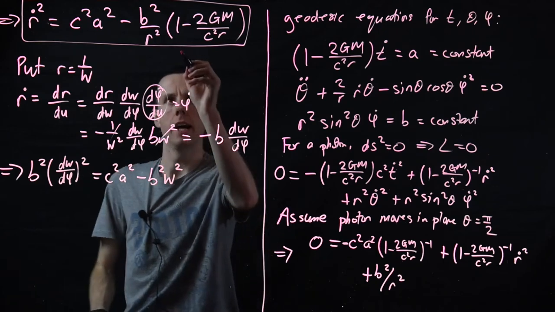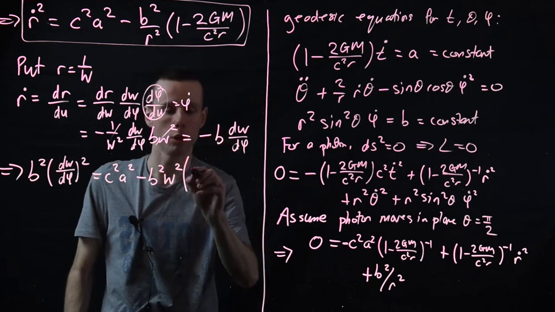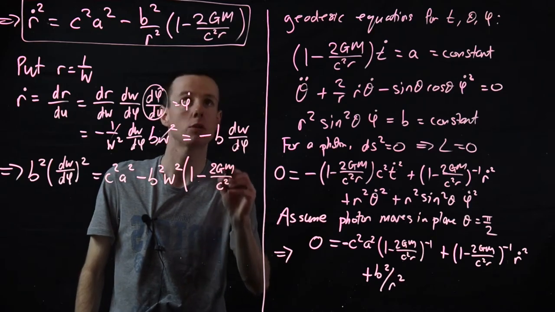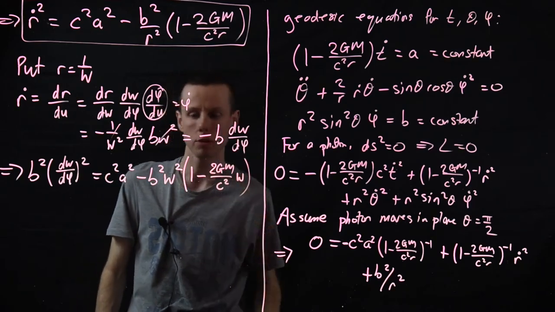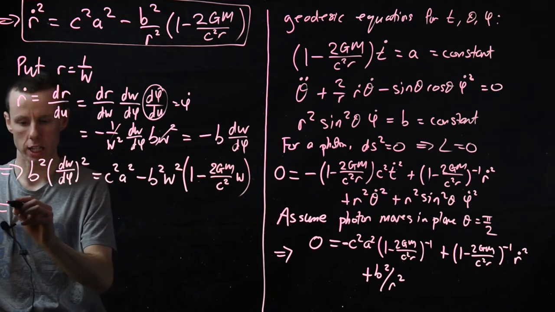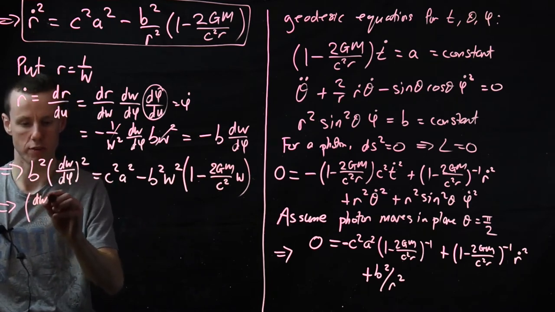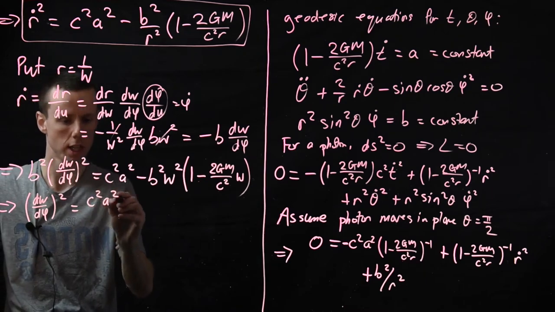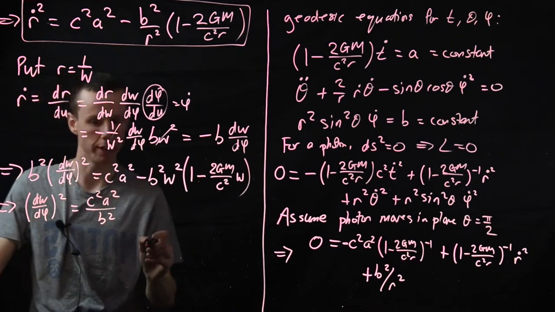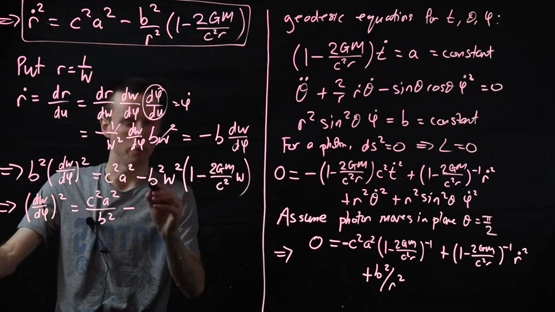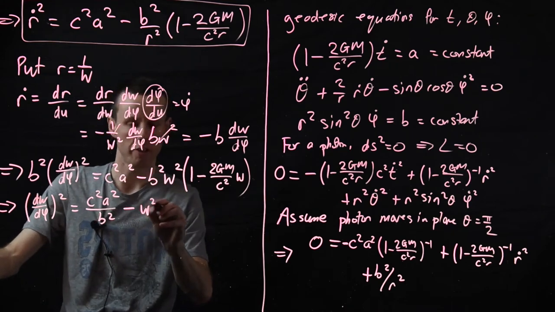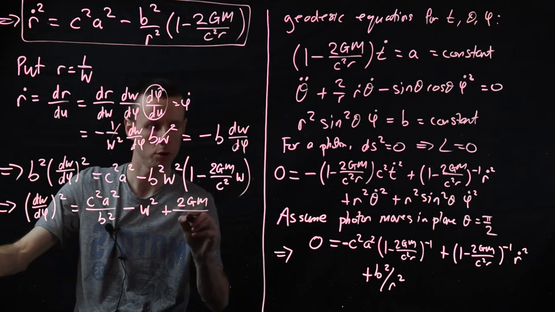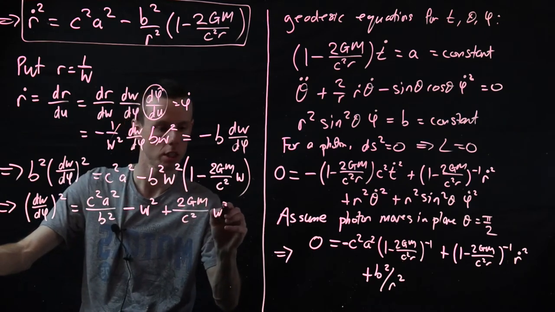We'll keep it like this, so open brackets, 1 minus 2GM over c squared w. And let's then divide through by b squared. So we have (dw by d phi) squared is equal to c squared a squared over b squared, and then we'll multiply out this bracket also, so we'll have minus w squared plus 2GM over c squared w cubed.